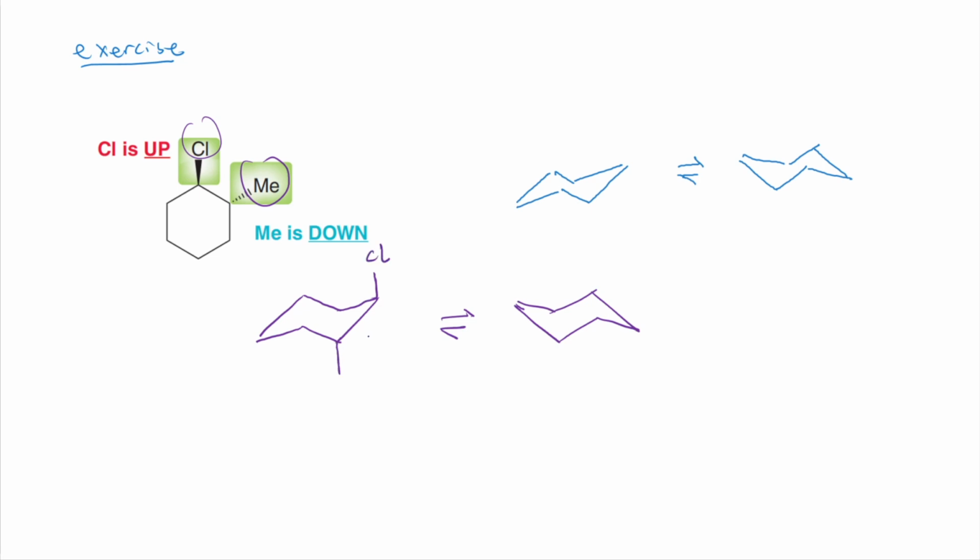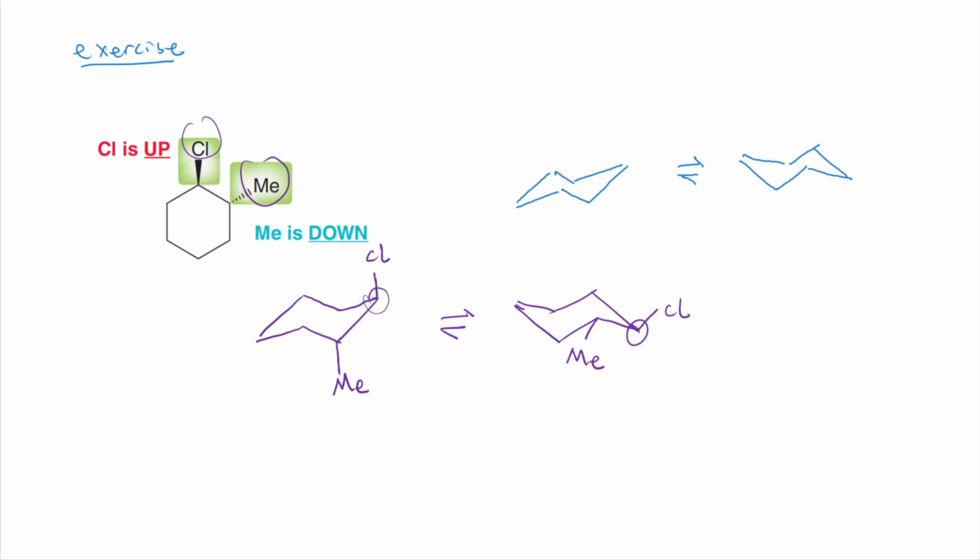So this is chlorine, this is methyl group. And then if we ring flip it, this carbon will be here, and it would turn into an equatorial bond. And then the methyl group will also turn into an equatorial bond.